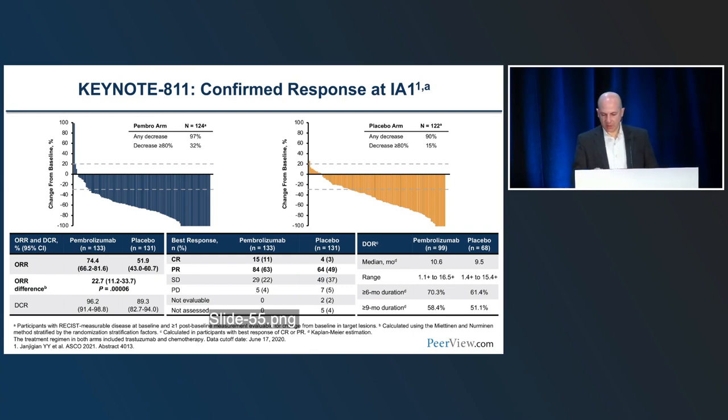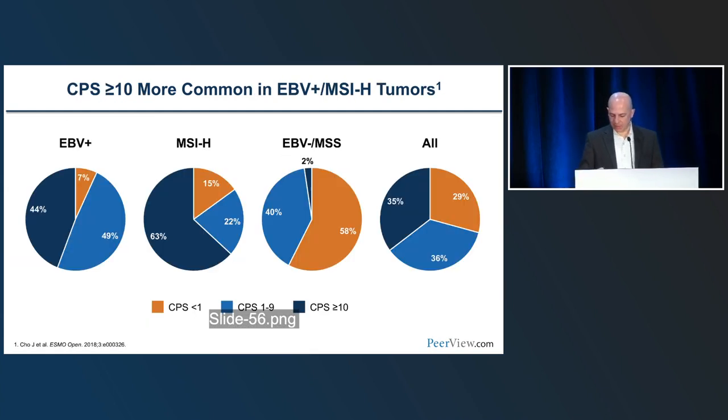In any event, this combination was FDA approved, and in truth, if you look at those data sets, it doesn't seem to matter what PD-L1 expression is, that independent of PD-L1 expression, the group of patients who are HER2-positive gastric cancer do get benefit from that combination. Now, we know that we can use some other tools, and this is just a way to think about our patients with gastric cancer.